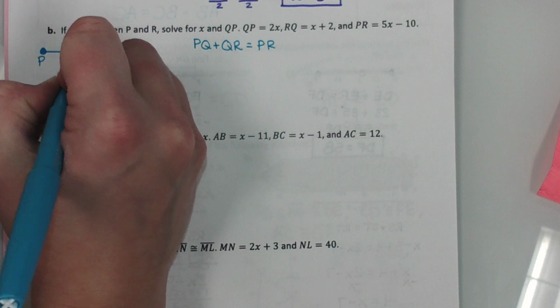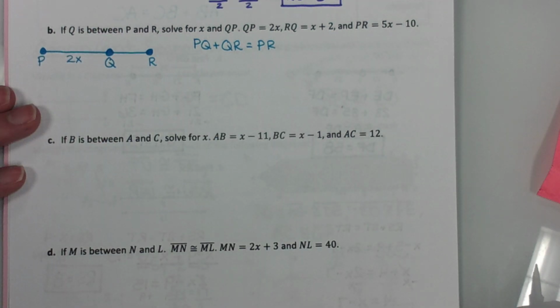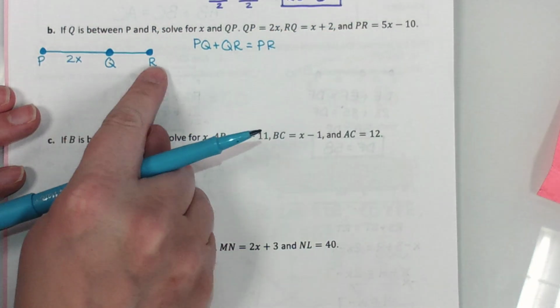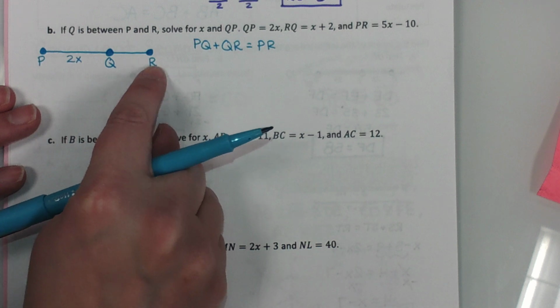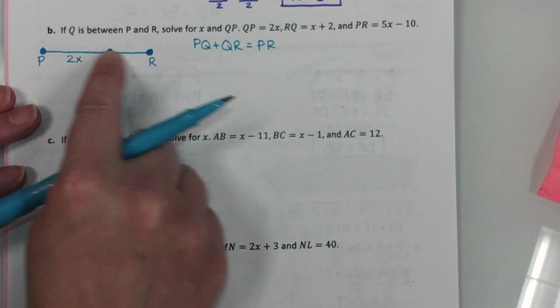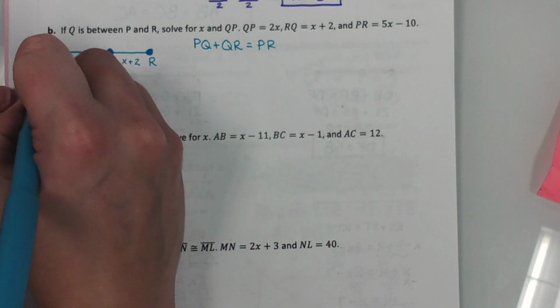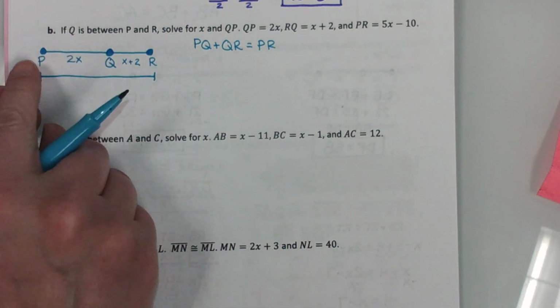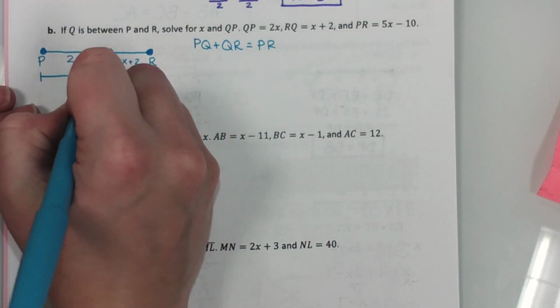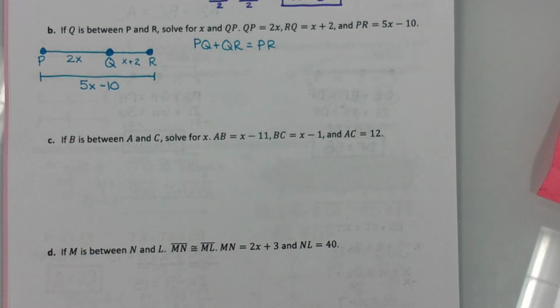That is 2x. RQ: on here we look at it as Q then R, but it could have been R then Q, as long as the two endpoints are the same. This is still my x plus 2, and the full thing all the way across, which is PR, is the 5x minus 10. The order of the two letters in a segment doesn't matter.